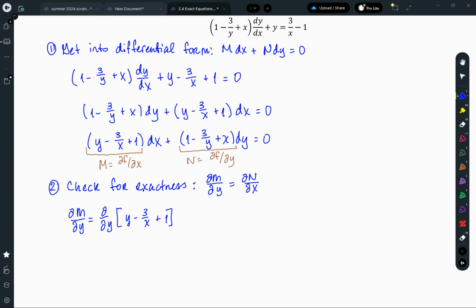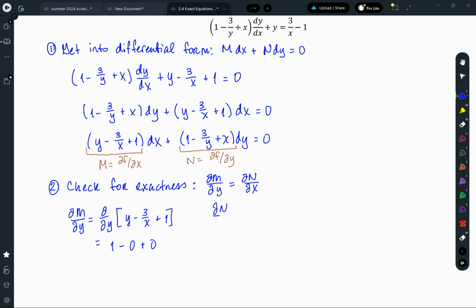When I take the partial derivative with respect to y of each of these terms, I get 1 minus, so the derivative of y is 1. The derivative of 3 over x with respect to y is 0. The derivative of 1 with respect to anything is 0, so I just get 1. That's it.